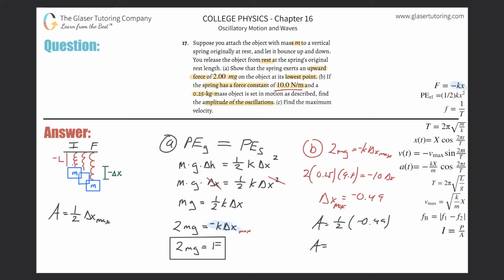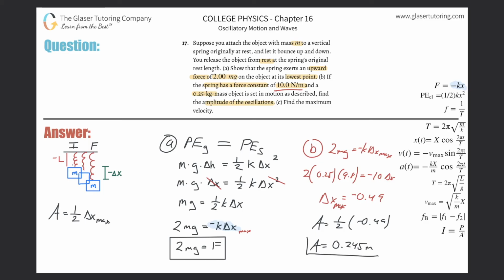Now the amplitude, technically, you can just take the absolute value of it, because the amplitude is either going to be a positive value going up in the picture, or a negative value. So just take the absolute value. It doesn't really matter. Just take half of this number, and we get approximately 0.245, and that is in meters.